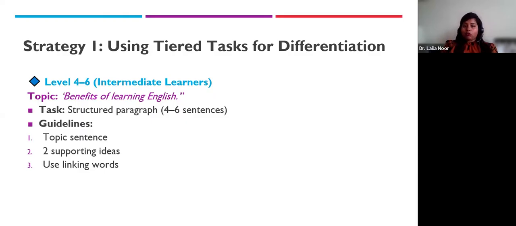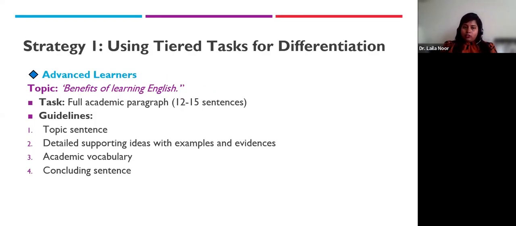And we are providing some guidelines: you should have a topic sentence, you can have some supporting ideas to develop your ideas, and you can also use some linking words or transitional words. So using these things, we are providing more detailed instruction. So you see, for the intermediate level, the task is a little bit more advanced compared to the beginner learners.